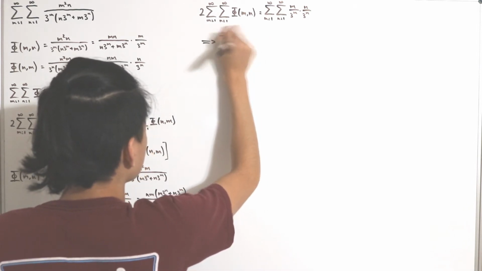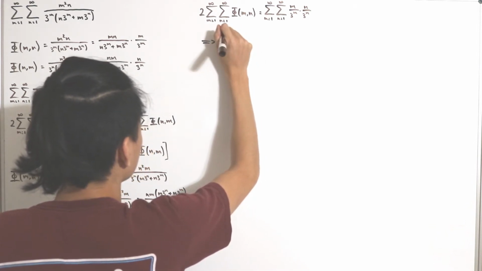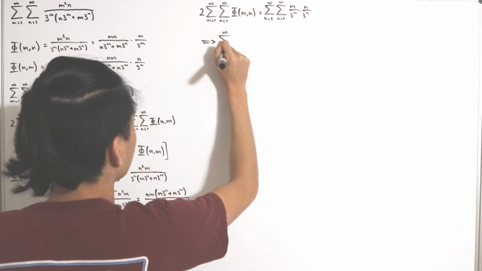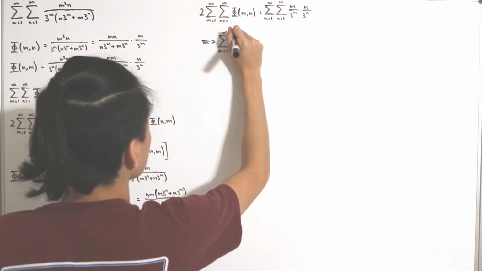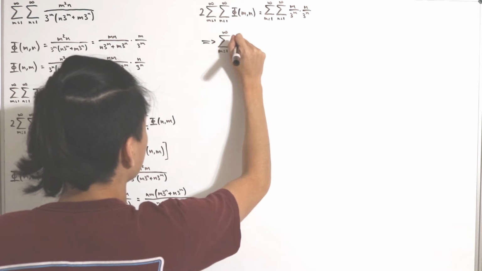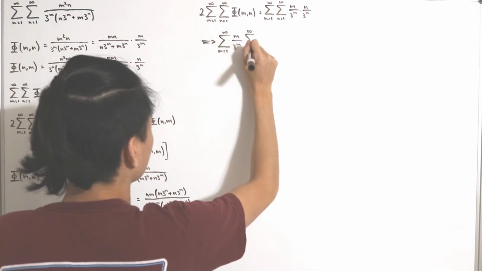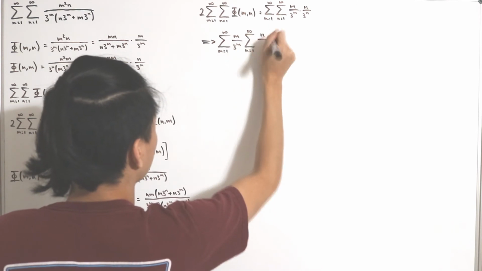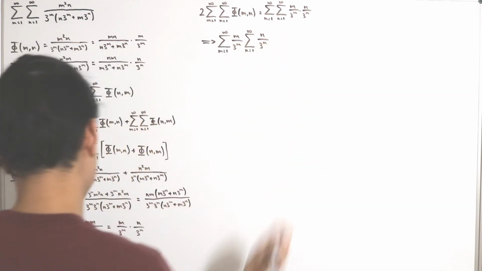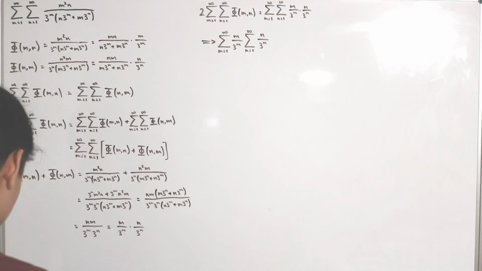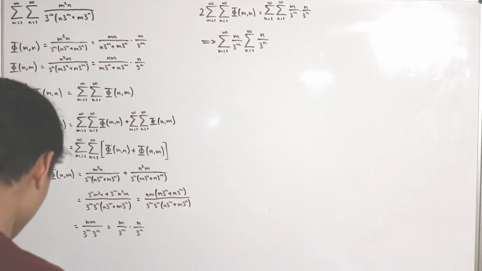So in other words, this is the same thing as the sum m is equal to 1, so this is m divided by 3^m, and then multiplied by the other summation, n is equal to 1 of n divided by 3^n. Okay, nice. So far so good.